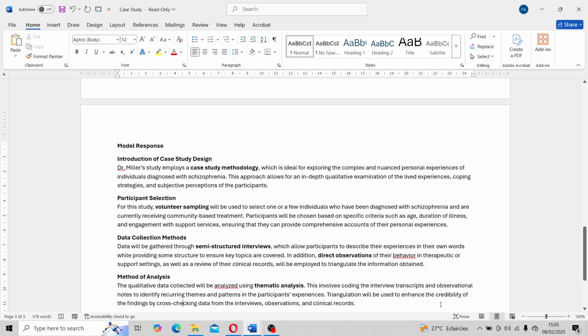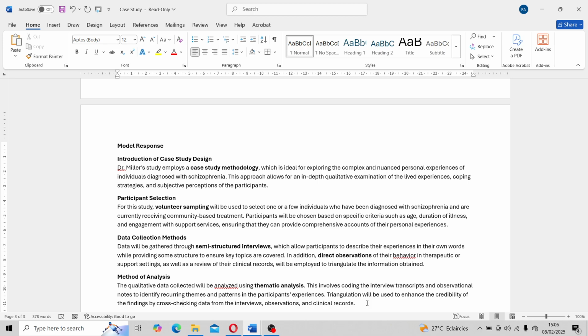Triangulation will be used to enhance the credibility of the findings by cross-checking data from the interviews, observation, and clinical records. So you compare all those methods you've used to identify the behavior, and you try to match them together. This is very, very important. The important part, like I said earlier, is how you gather the behavior.